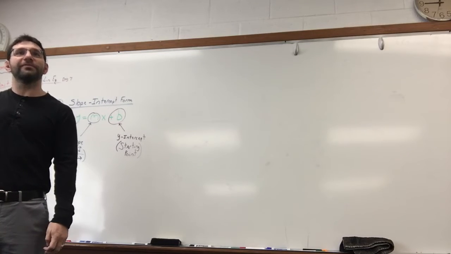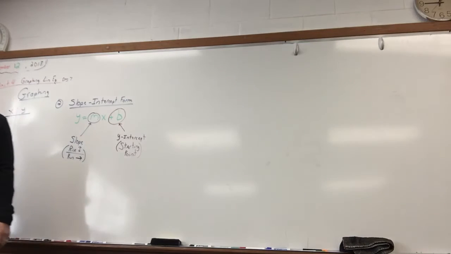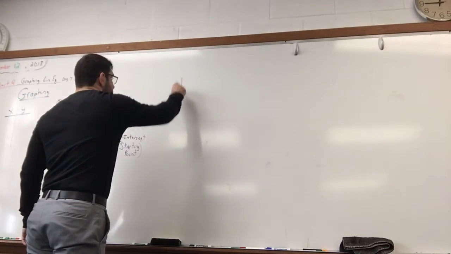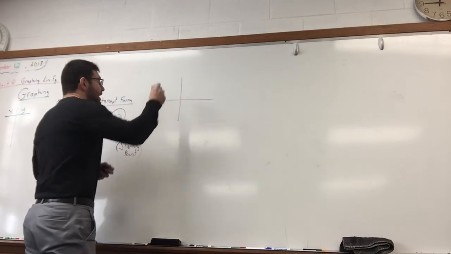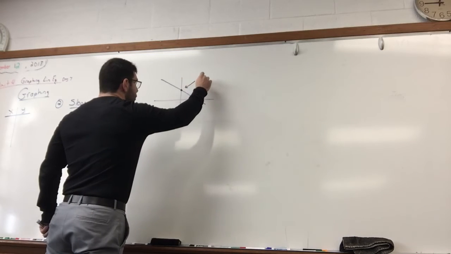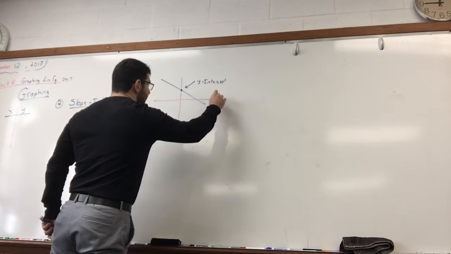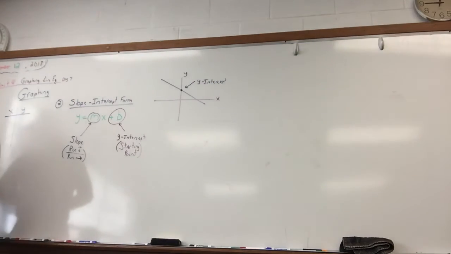Does the y-axis go left and right or up and down? Up and down. So when I say y-intercept, if I've got a line, this point right here is the y-intercept, because it's crossing, it's intersecting the y-axis.